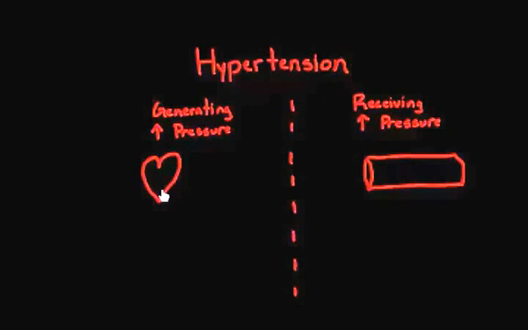So there was an equation, and that equation was delta P equals Q times R. And I thought we'd put some words to this equation. So delta P, that's basically saying the arterial pressure minus the venous pressure. So if you have blood and it's exiting here, that's got a certain pressure on it.